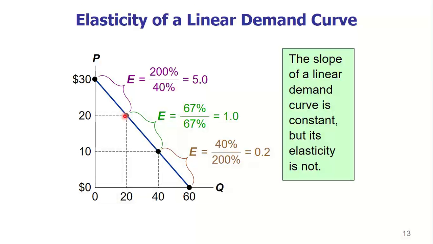So the slope equals minus 1 by 2 or minus 0.5.